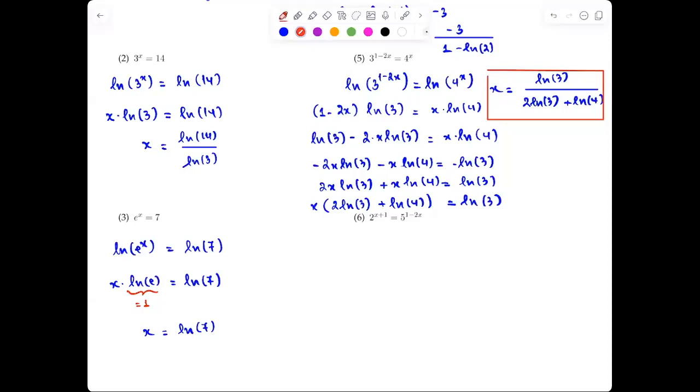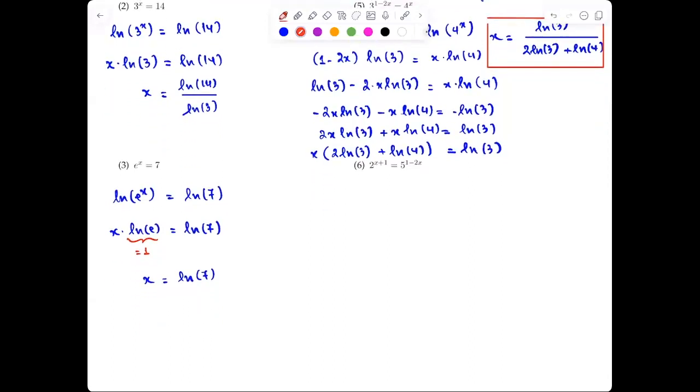But let me quickly do this problem. So I usually just take ln on both sides of the equation. And then I get x plus 1 times ln of 2 equal to 1 minus 2x times ln of 5.